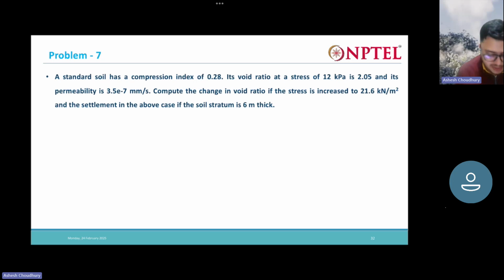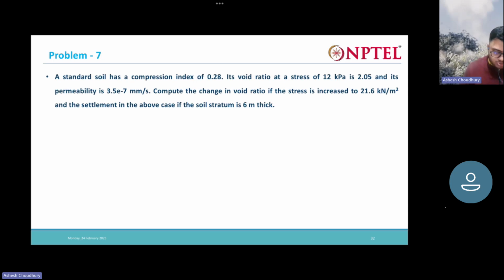A standard soil has a compression index of 0.28. Its void ratio at a stress of 12 kPa is 2.05 and its permeability is 3.5 into 10 to the power minus 7 mm per second. Compute the change in void ratio if the stress is increased to 21.6 kilonewton per meter square, and the settlement if the thickness of the soil stratum is 6 meter.